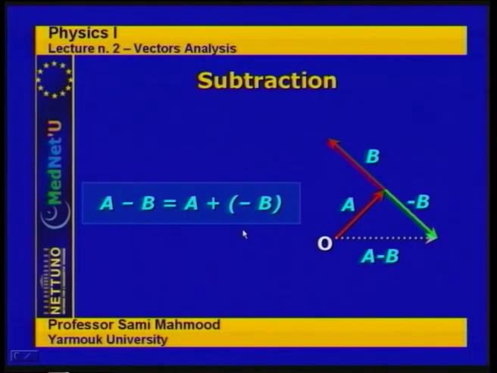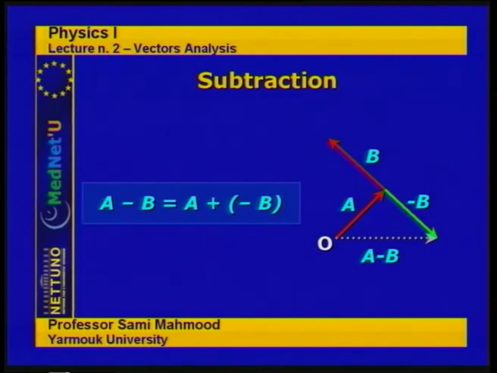So this figure shows vector B and vector minus B in green, and when we want to subtract A minus B, this process is equivalent to adding A plus the vector minus B. So that way we convert the subtraction process into an addition process, and we do it in exactly the same way as we did the addition process before.